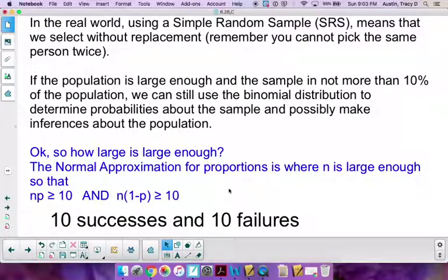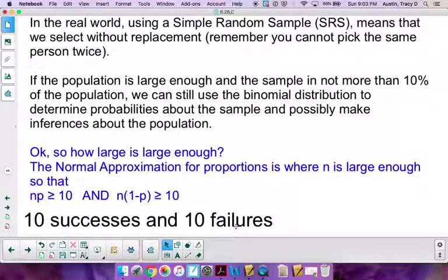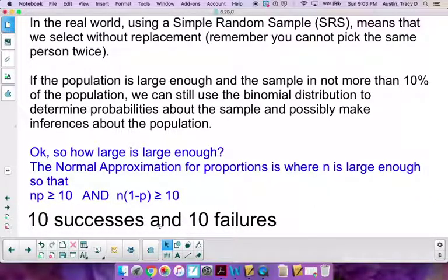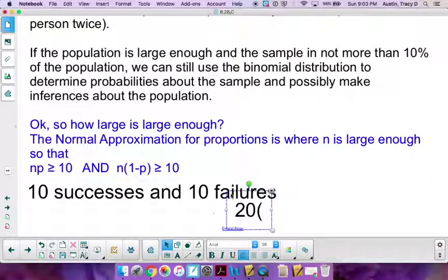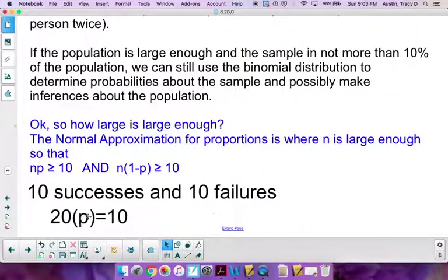The very smallest amount, obviously, for your sample size is going to have to be 20, right, in order to get 10 successes and 10 failures, right? And if you have a population of 20, right, 20 times what gives you 10? 20 times what probability would equal 10? Just out of curiosity.